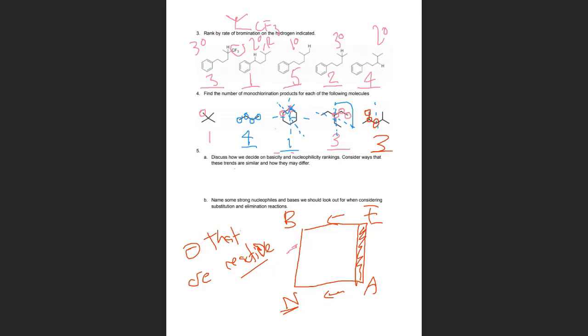So some strong nucleophiles and bases we should consider: we can have 2 categories, nucleophile bases, nucleophiles, and only bases. So these could be N minus, O minus, SH, right? A lot of these can be strong nucleophiles and bases. Sorry, not SH.